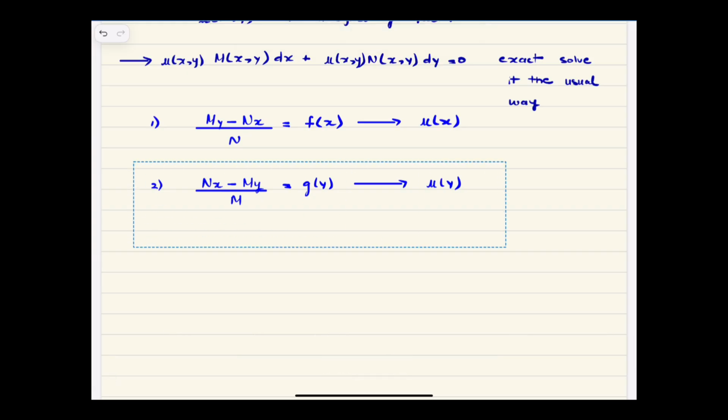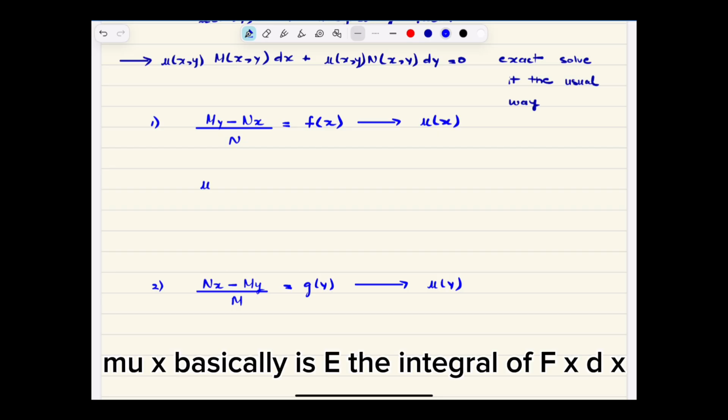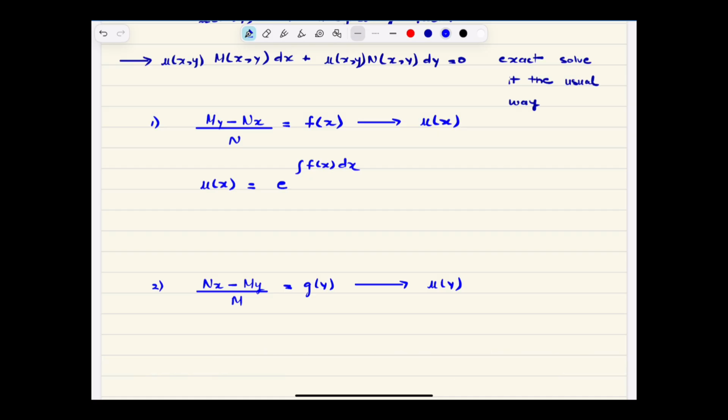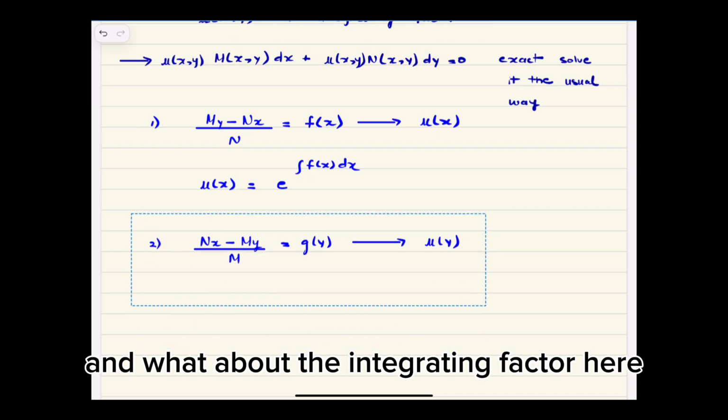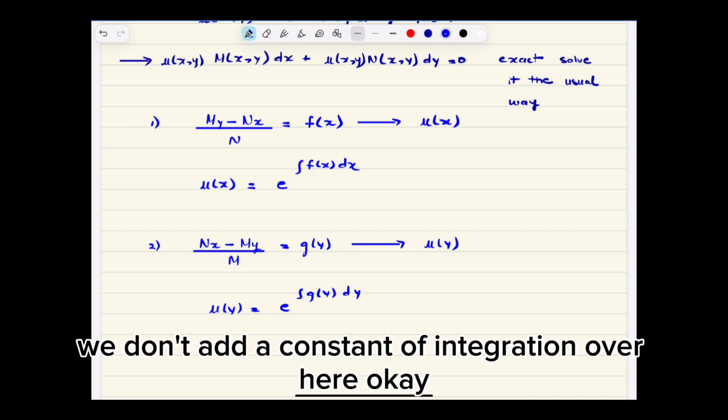I'll write this over here. Mu(x) is e to the integral of f(x) dx. And the integrating factor here is e to the integral of g(y) dy. And remember, we don't add a constant of integration over here.